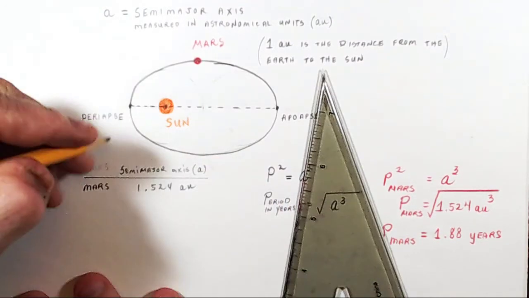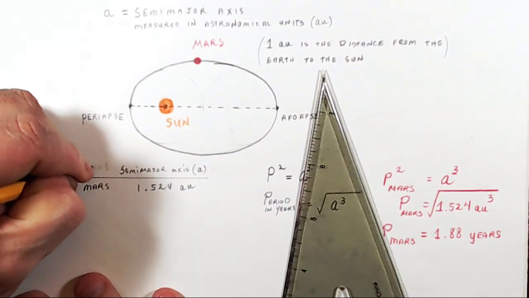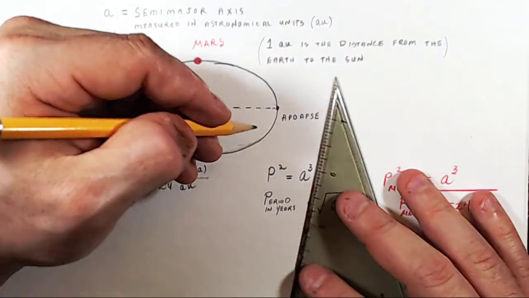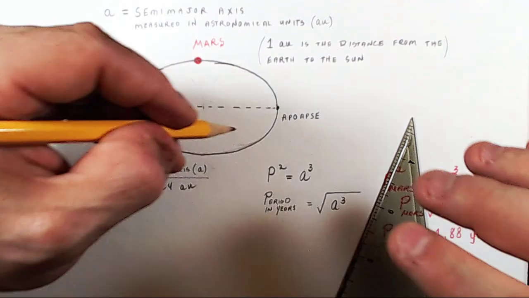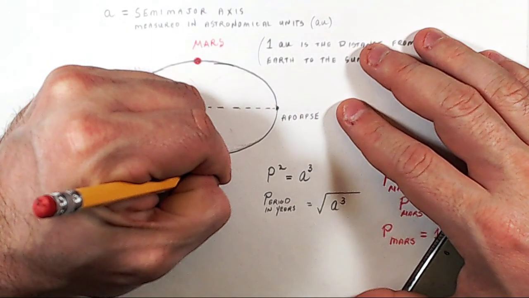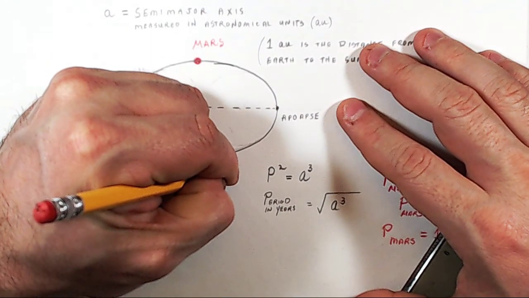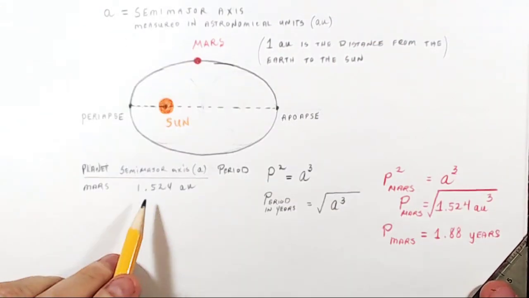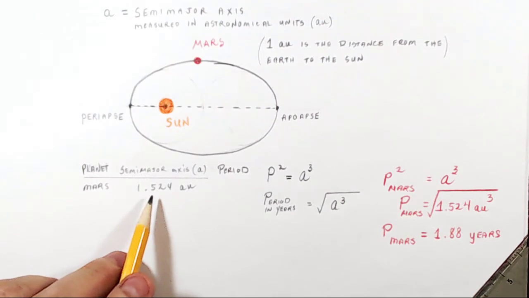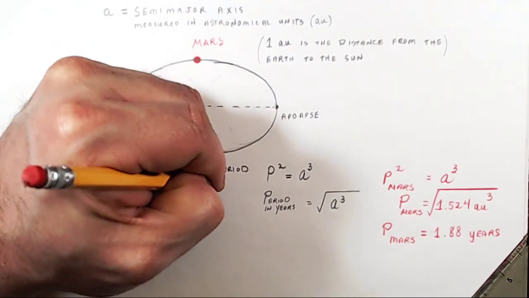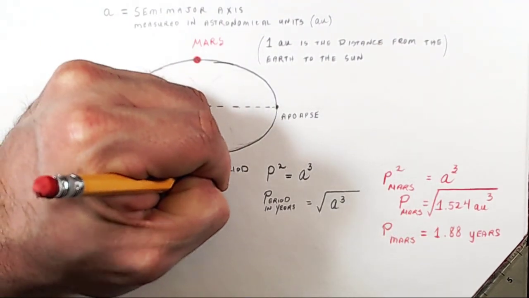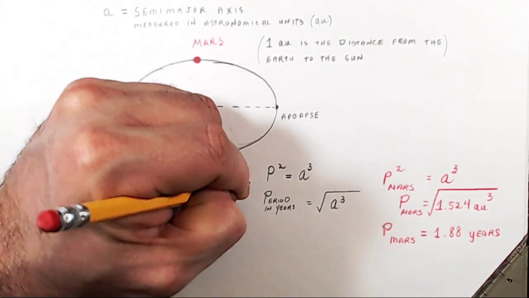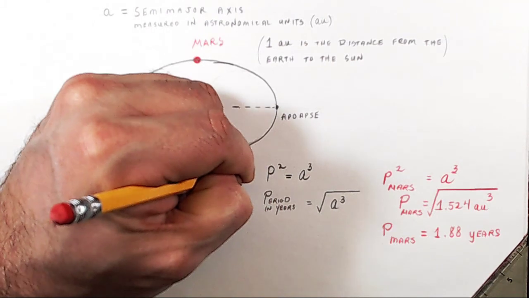And then we'll put planet right here. And then we'll create another column called period. And we found that if the semi-major axis is 1.524 astronomical units, the period is 1.88 years. And this is in years.